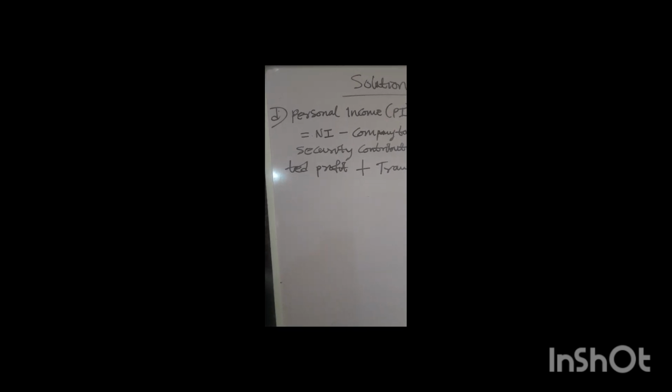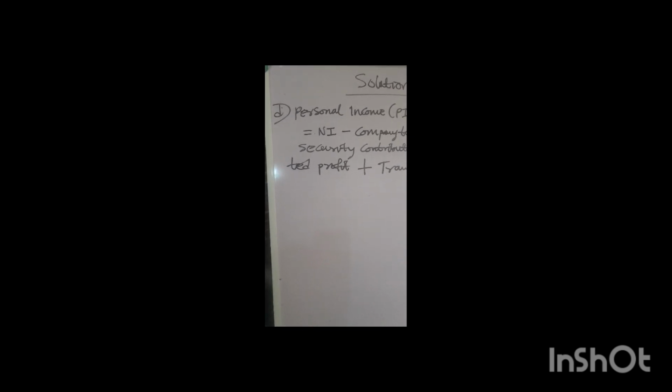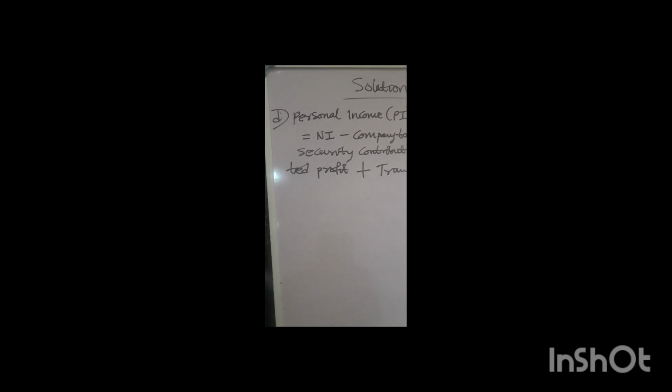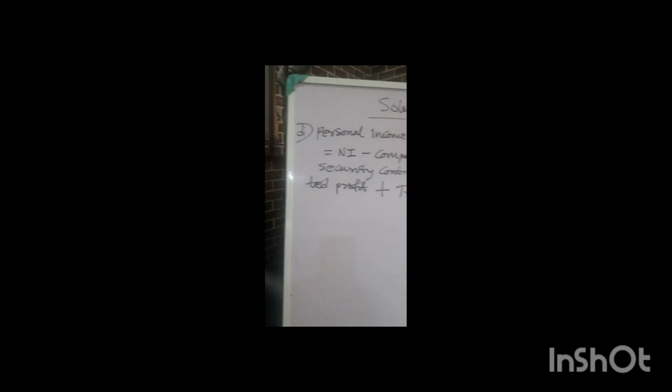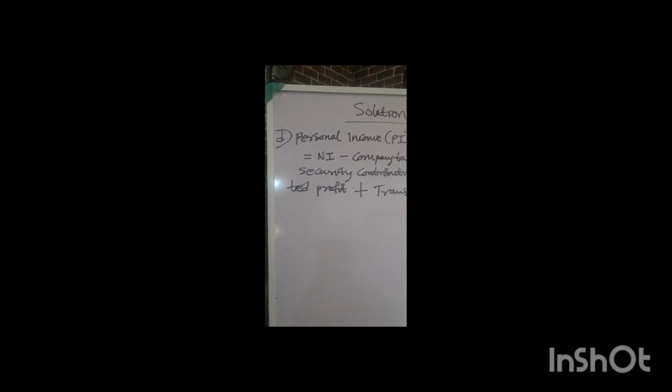We less our undistributed profits, because those profits not distributed by companies do not add to personal income. Then we'll add up our transfer payments such as pensions. Those payments add up to our personal income. So you add the transfer payment.